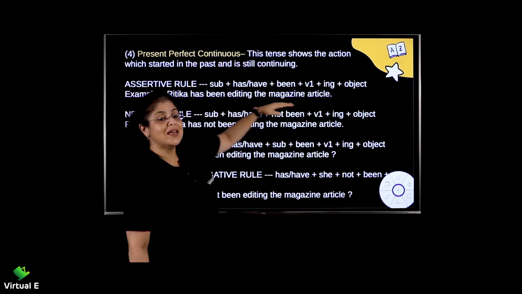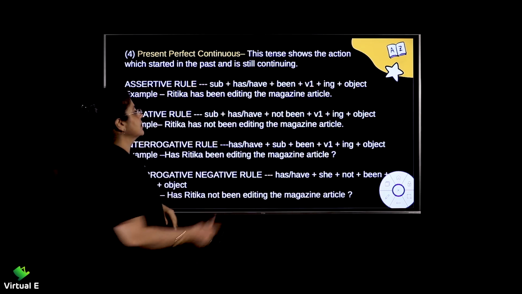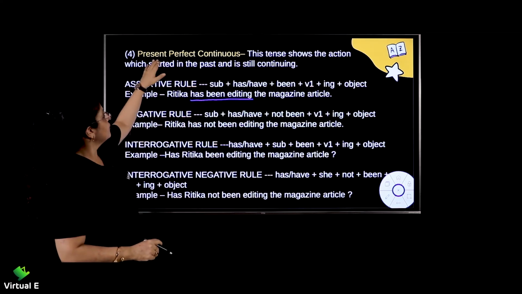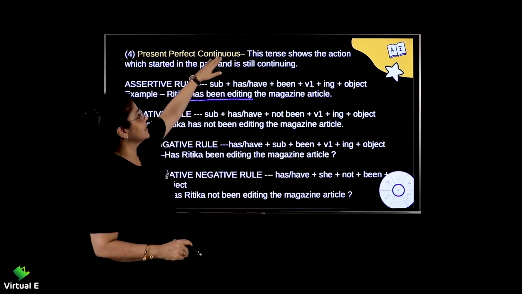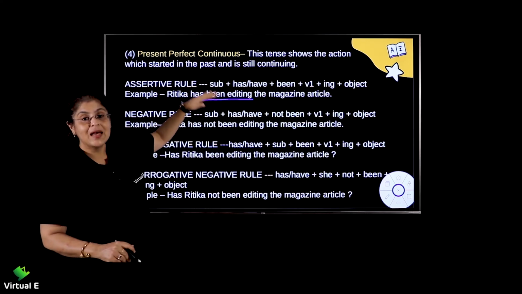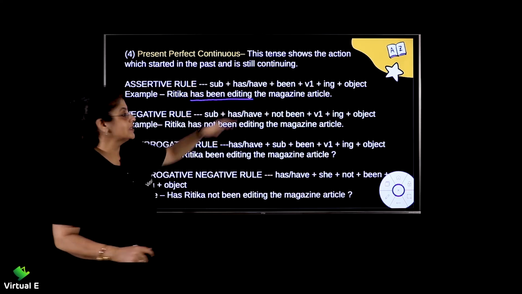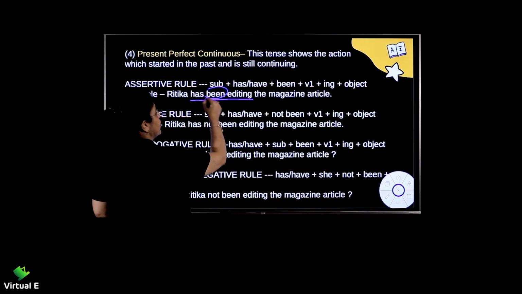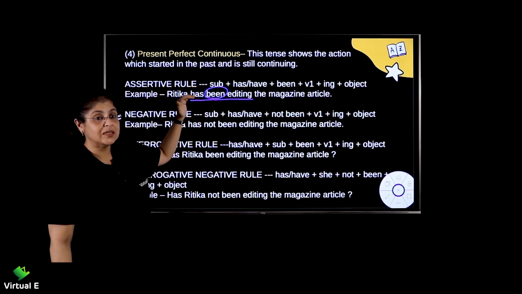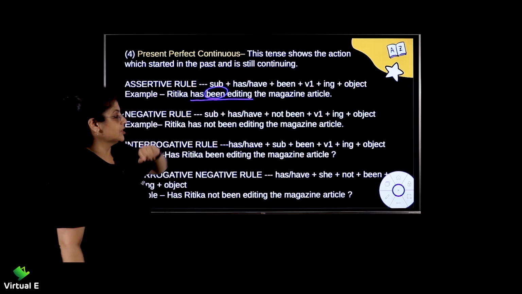Ritika has been editing the magazine article. Can you please see this? Has, perfect. Been editing, continuous, ing. You have to keep this in mind. Has been editing. Been is very important here, right? So this is how we get to know that it is present, perfect, continuous.